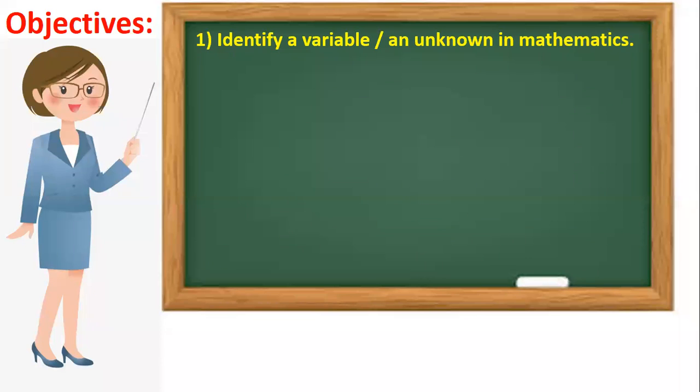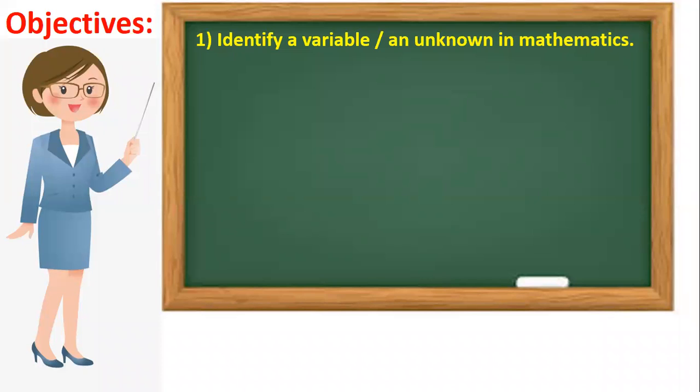So it is a variable, it changes, it is not known for me. This is what we mean by a variable or an unknown. Please don't forget, whenever we say we have an unknown or a variable in mathematics, we mean a number which we do not know exactly how much it is.